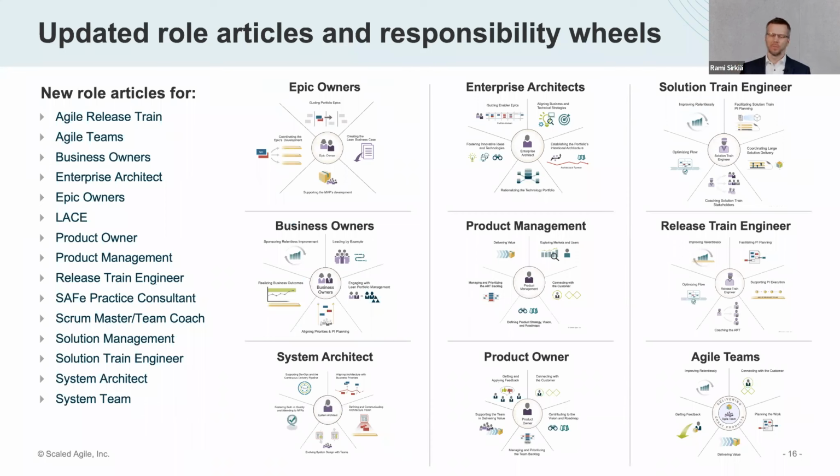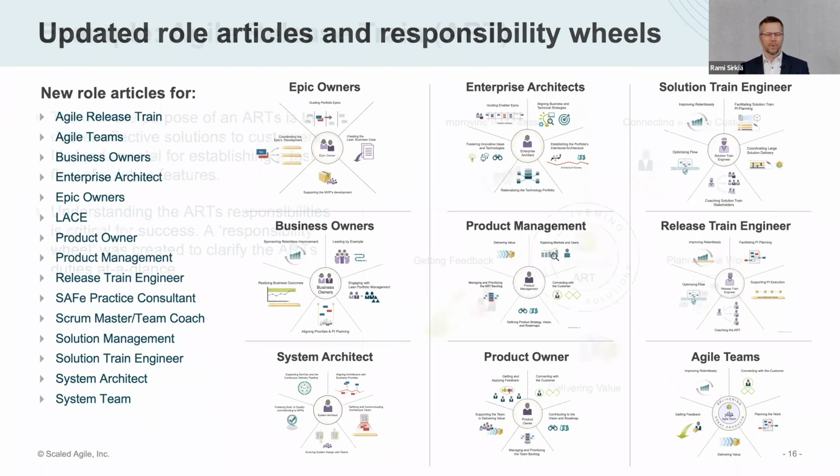Obviously, these are not positions, as you know, but roles. And although it could look like there's quite a few of those, in complex organizations, typically this is what you need. This way of describing and illustrating the responsibilities can help you to run the transformation.